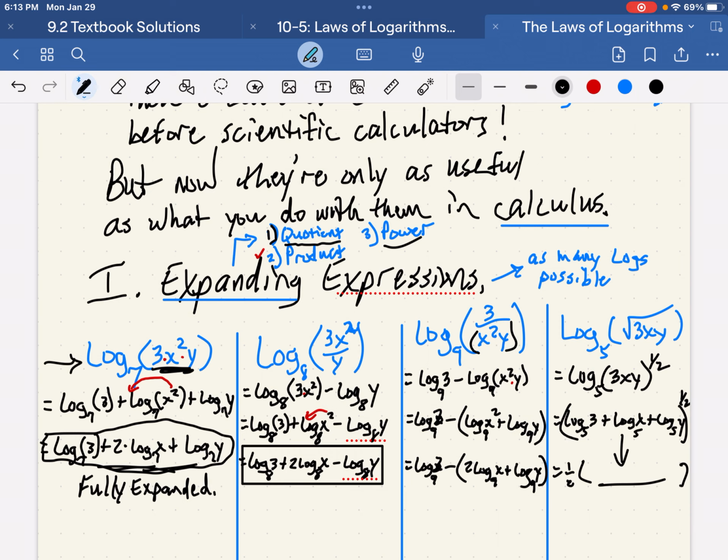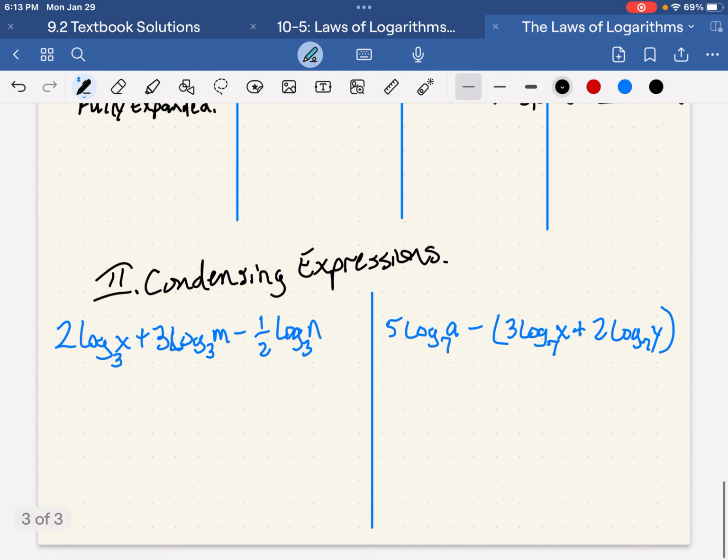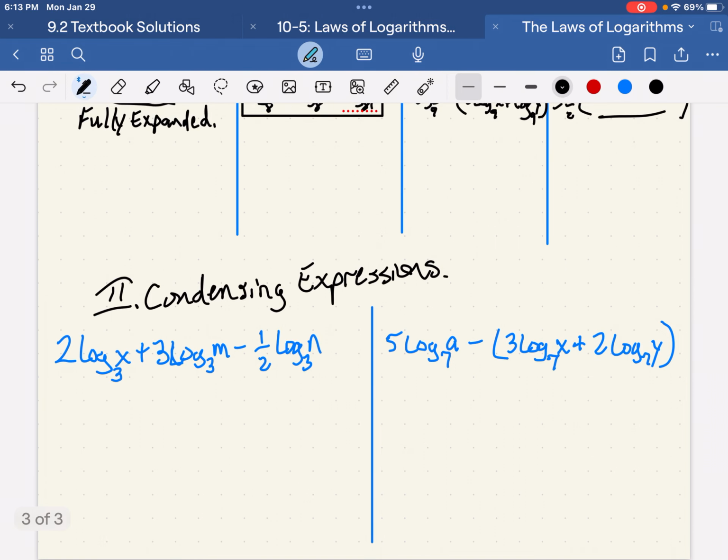If after you expand a logarithm in a calculus class and you get to the end of the problem and you want to present your solution, you usually then want to recondense the expression. And so condensing expressions with the laws is rewriting the expression with a singular logarithm.